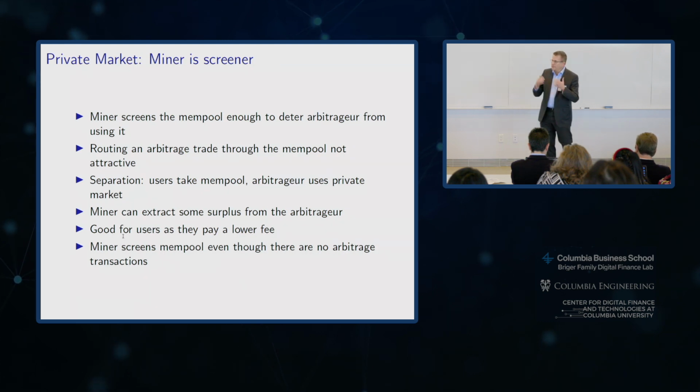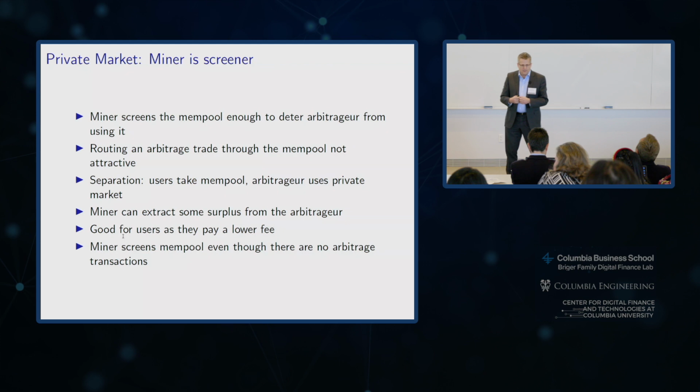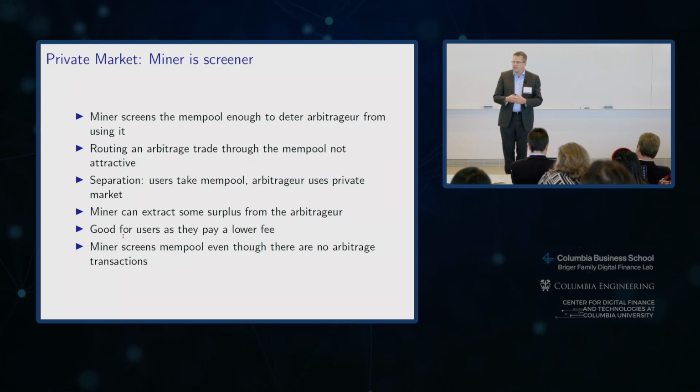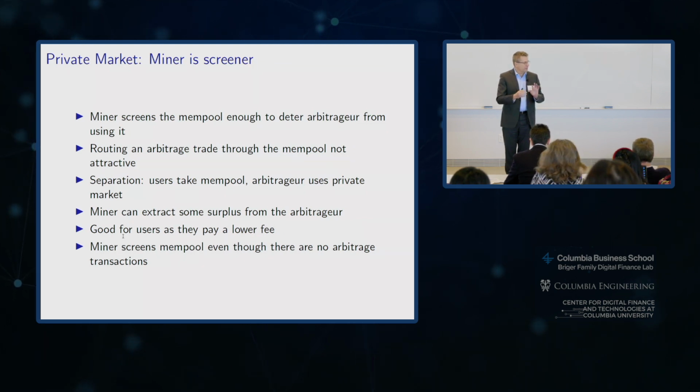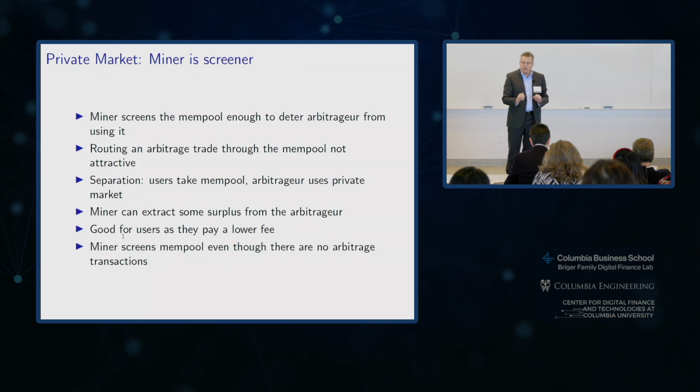In equilibrium, all the arbitrageur transactions go to the private market, but the miner still has to screen the mempool just to make sure that the arbitrageur doesn't go there. This way the miner can generate a segmented market, so all the ordinary users go through the mempool and the arbitrageur goes through the private market.